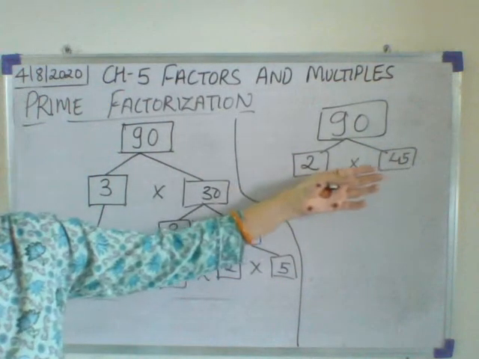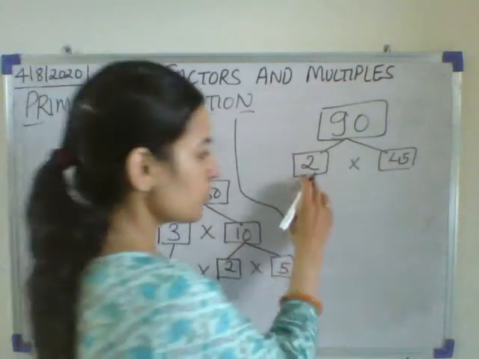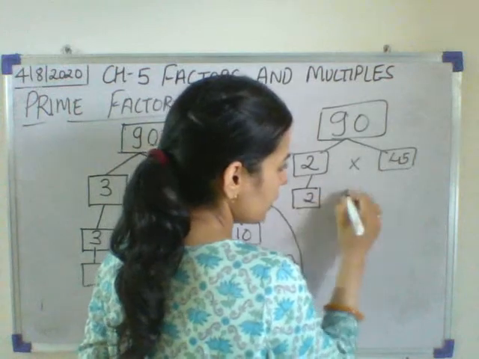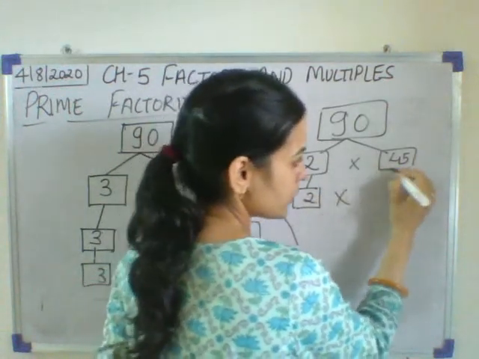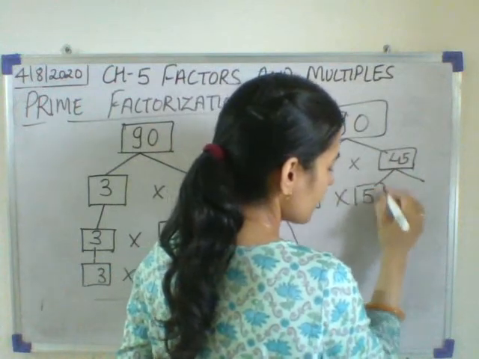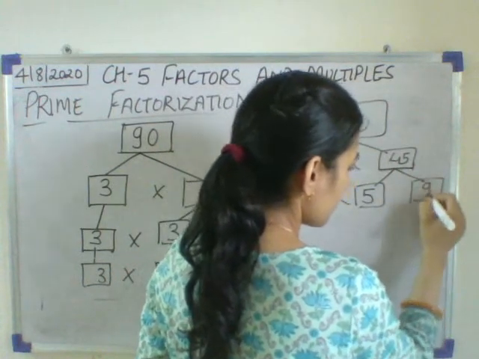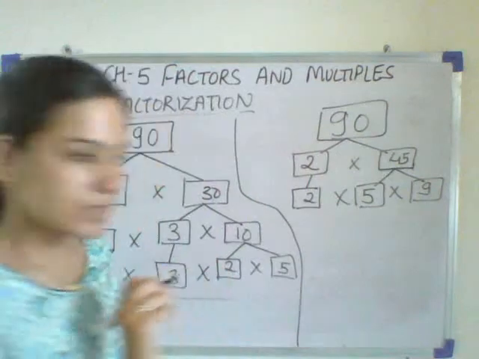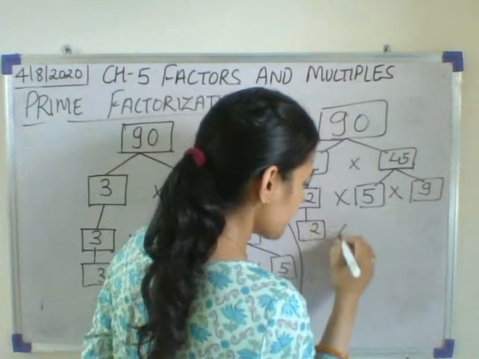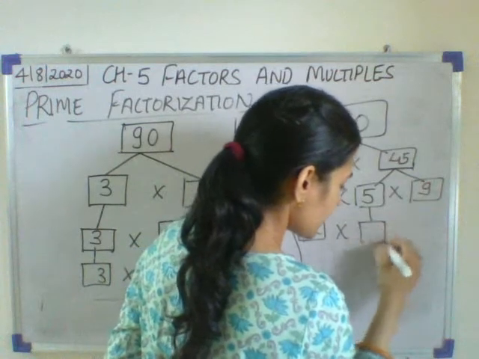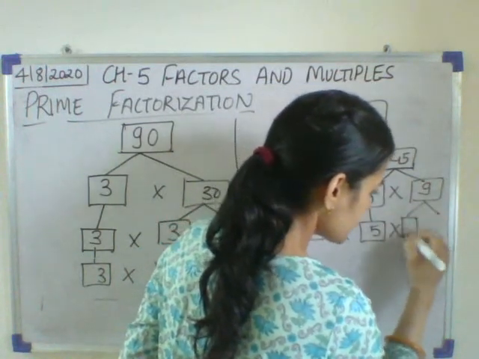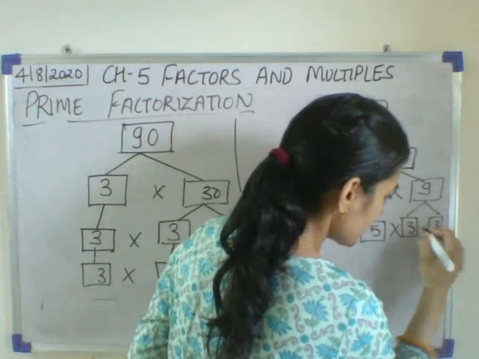So let us do for this. 2 is the prime number, so I am writing it as it is. Now 45 is not a prime number, you will be splitting it again. 5 9s are 45, so 5 into 9. 2 I am writing as it is, multiplying 5, it is again the prime number, multiply 9, we can write it as 3 and 3.